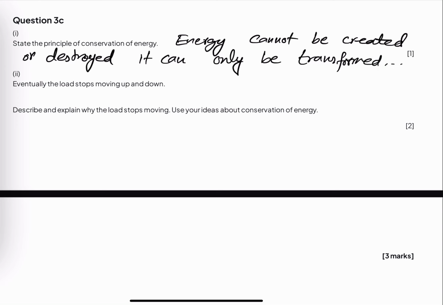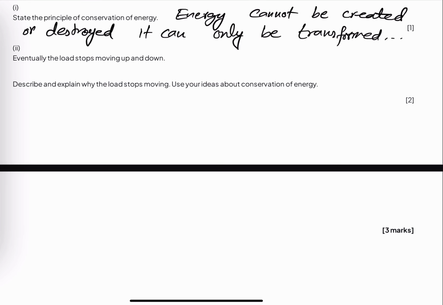Second part, eventually the load stops moving up and down. Describe and explain why the load stops moving. Use your idea about conservation of energy. Why will the load stop? Because its energy will dissipate. It will lose its energy.